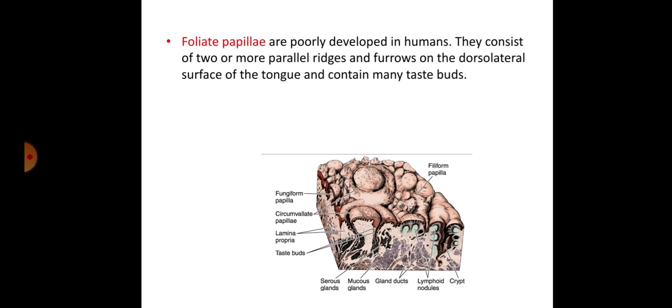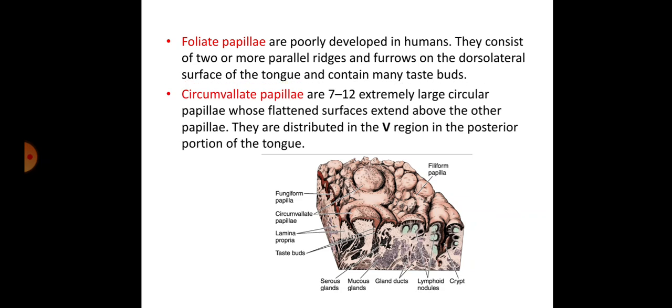The third type, which is poorly present in humans, is known as foliate papillae. The last type, known as circumvallate papillae, is located in the V-shaped region that separates the oral part from the pharyngeal part of the tongue.